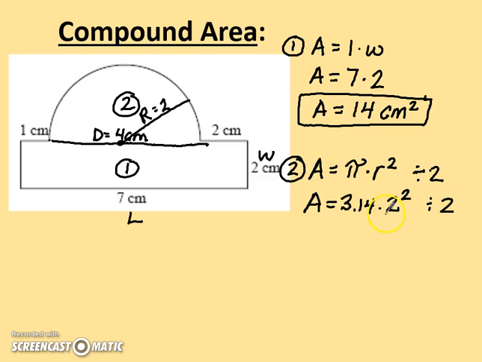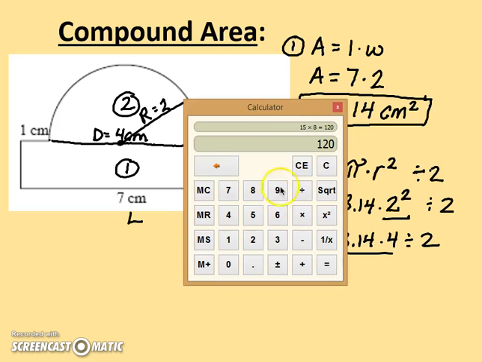Now, order of operations says I have multiplication, exponent, and division. I need to do the exponent first. 2 squared means 2 times 2, which is 4. So I have 3.14 times 4 divided by 2. When I have only multiplication and division, I have to do them left to right. So I need to do 3.14 times 4.